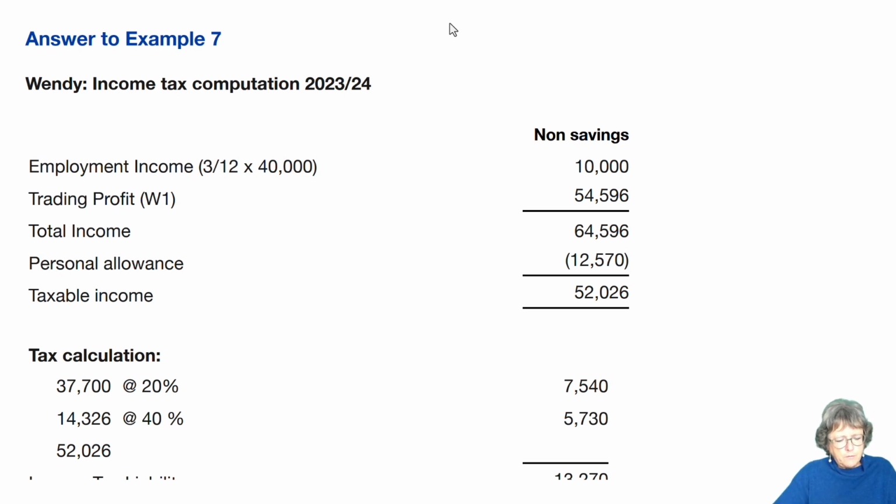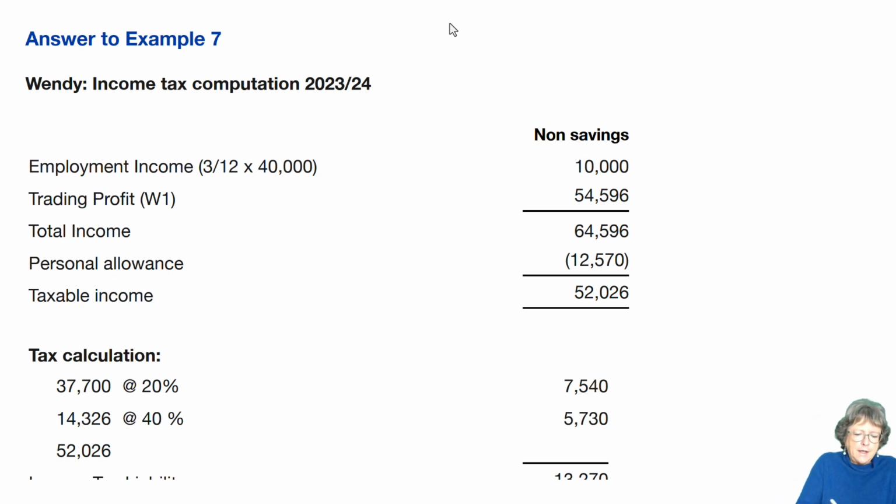In the model answer, you'll notice that I've started with the income tax computation for 23-24, because that's what the examiner asked you to do. So set up the pro forma before you do the calculations.